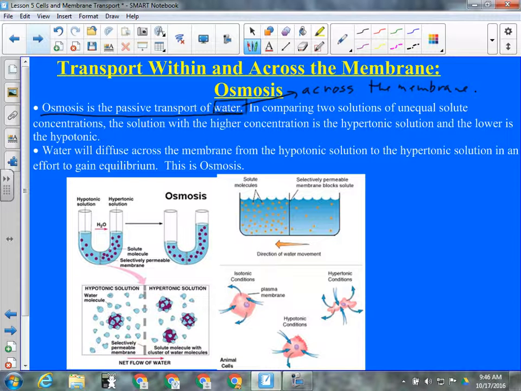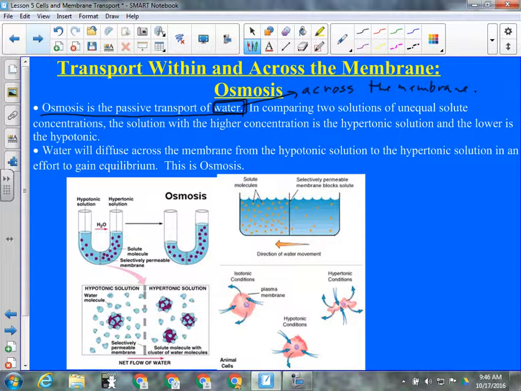Osmosis only moves water. No other material moves by osmosis. Only water. Right? So if a question on an exam is talking about calcium or it's talking about glucose or anything other than water, it's not using osmosis. Okay, everybody follow me there?